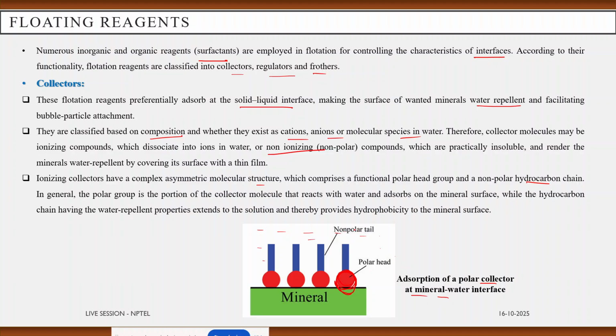Thus this non-polar hydrocarbon chain makes it hydrophobic. So by this process of introducing collectors, if they are making the mineral surface hydrophobic, then they will enhance the flotation process.